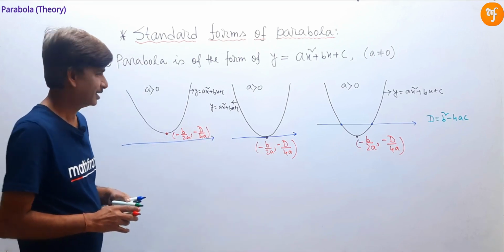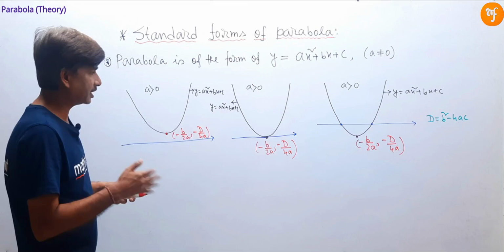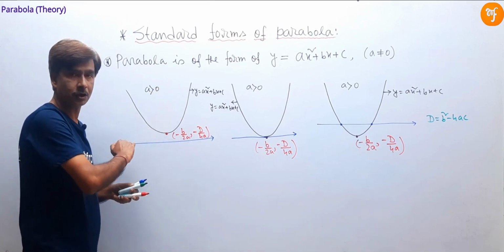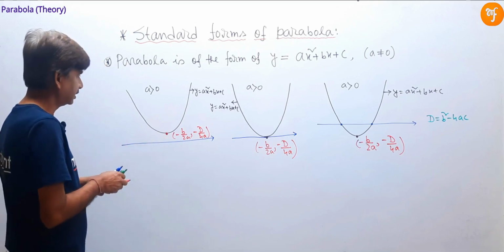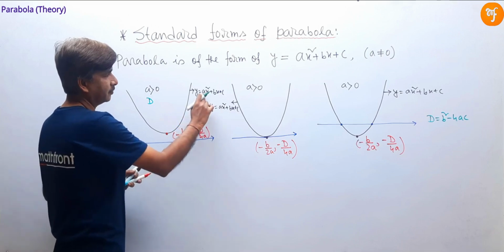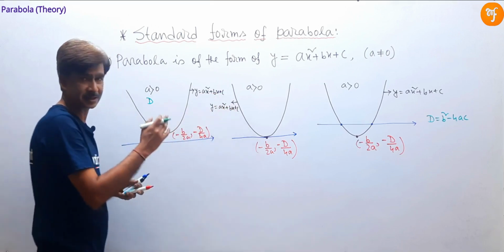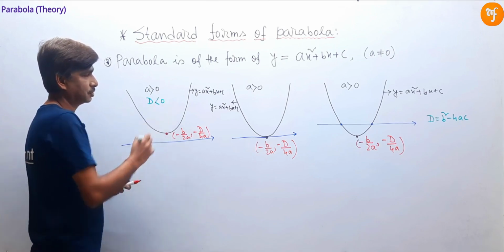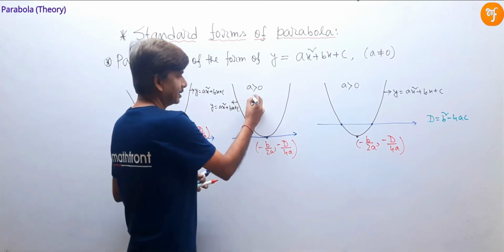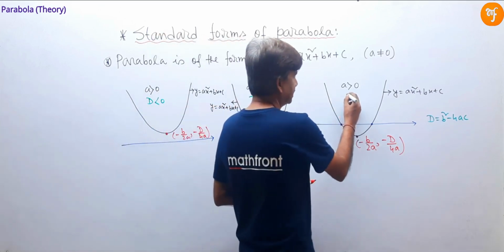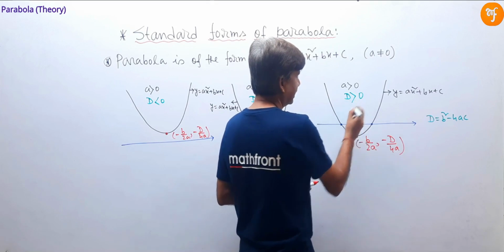Understand? Clear? Now, under which condition does the parabola neither cut nor touch the x-axis? Here the condition is the discriminant of this ax square plus bx plus c, that is b square minus 4ac, should be less than 0. In this case, the discriminant should be equal to 0, and in this case, the discriminant should be greater than 0.